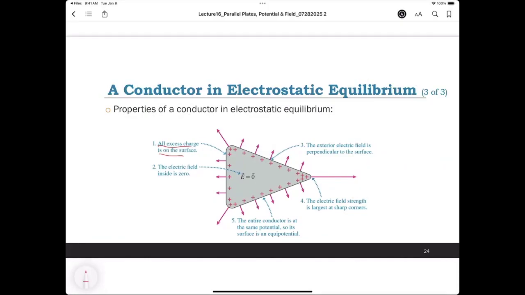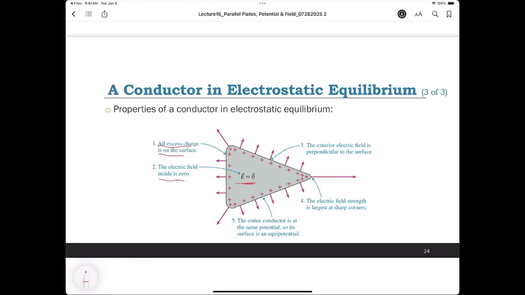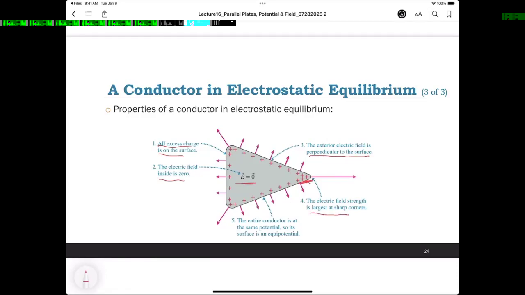Okay, properties of a conductor in electrostatic equilibrium, as we talked about just now: all excess charge is on the surface, the electric field inside is 0, and the external electric field is perpendicular to the surface. The electric field strength is largest at the sharp corners.